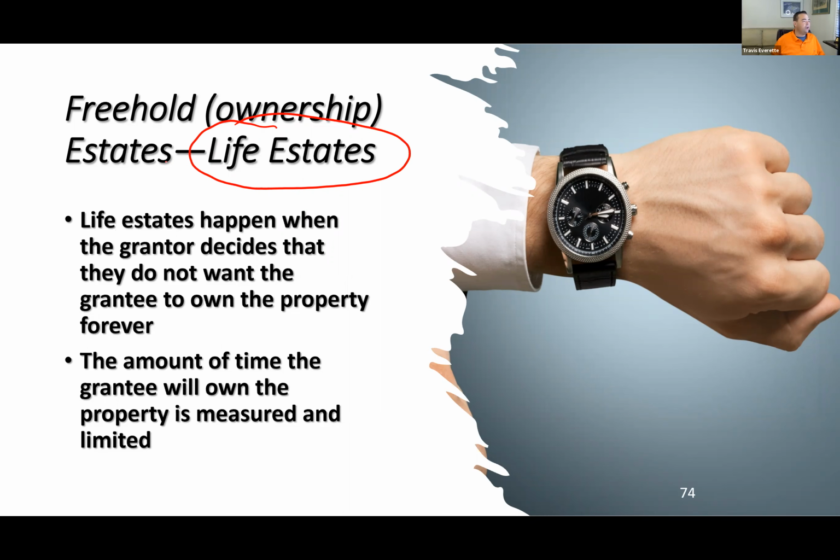Patty, you are the grantee, but you own this property until, and the grantor gets to decide when that is. Does that make sense for everybody? Yes. That is called a life estate. The grantee is going to own the property for a limited amount of time.